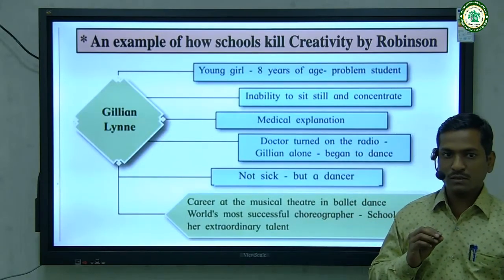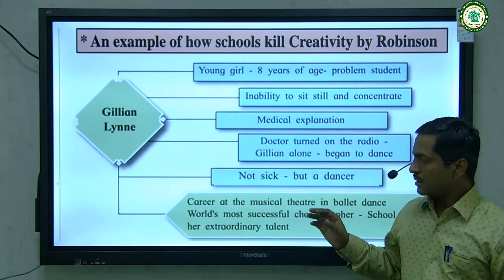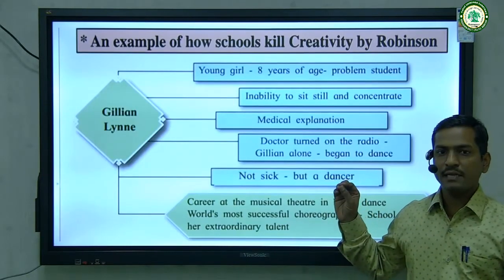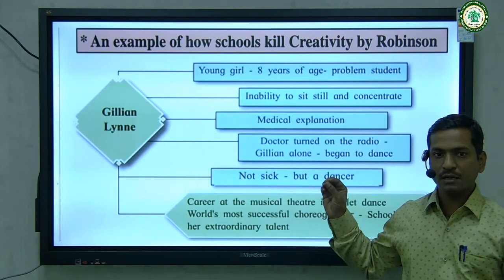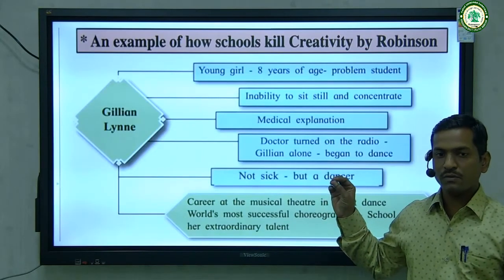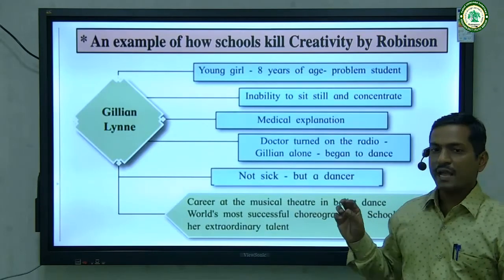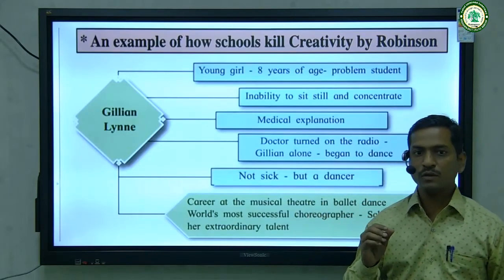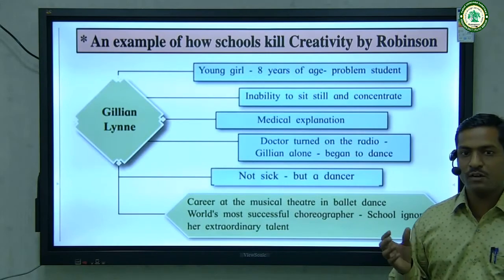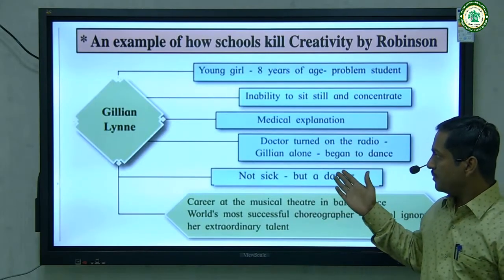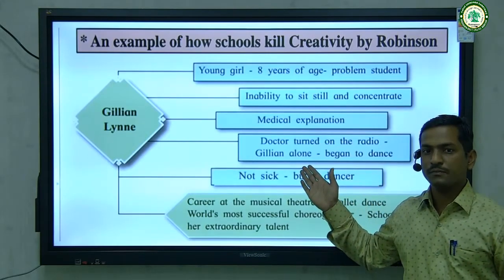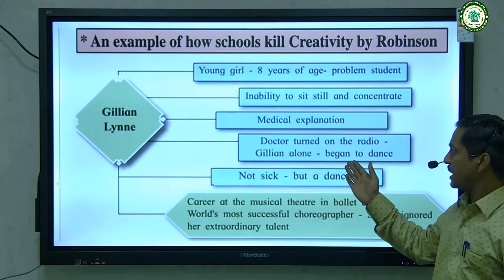Gillian Lane's doctor observed her, and he left Gillian alone in one musical room, where he turned on the radio and observed from the window. What did he observe? He observed that, being alone in the musical room, she began to dance.